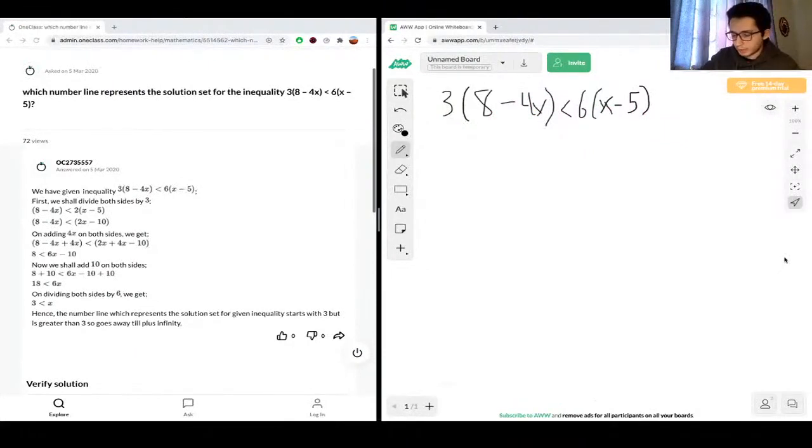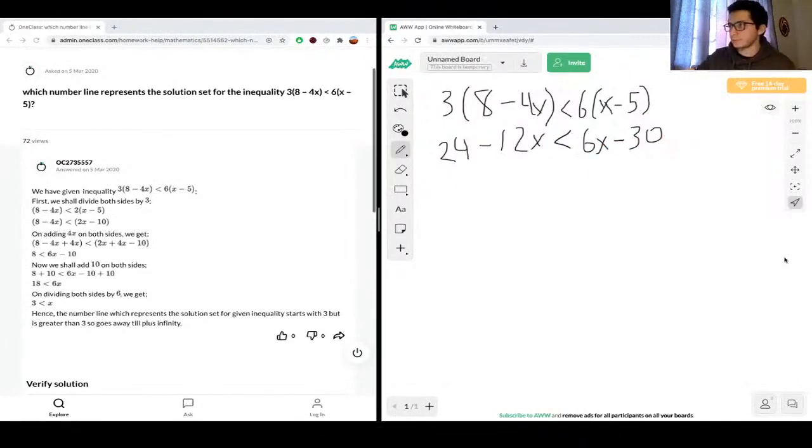So we would want to expand out each bracket. 3 times 8 is 24, and then we have 3 times -4, so minus 12x is less than 6 times x, which is just 6x, and then 6 times -5, which is -30.